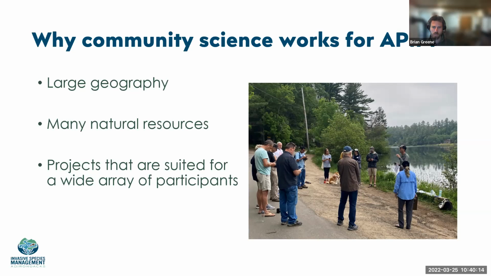And so working with our communities is critical. The other thing that's key is that these projects are suited for a wide array of participants, from school-age students all the way through retirees. And they're designed in a way that can capture quality data effectively and easily. That's important for us to be able to use.